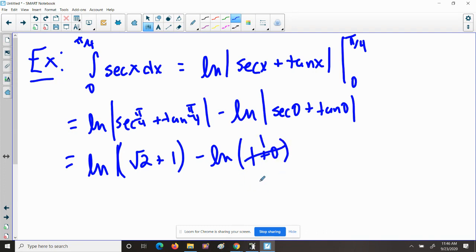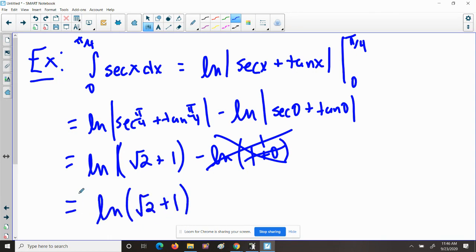Notice here we've got 1. Natural log of 1 is 0, so this piece is gone, and all we have left is natural log of square root of 2 plus 1. We would leave our answer like that. We don't have to simplify down unless it was calculator active, which this is too easy to be. This would definitely be considered calculator inactive.